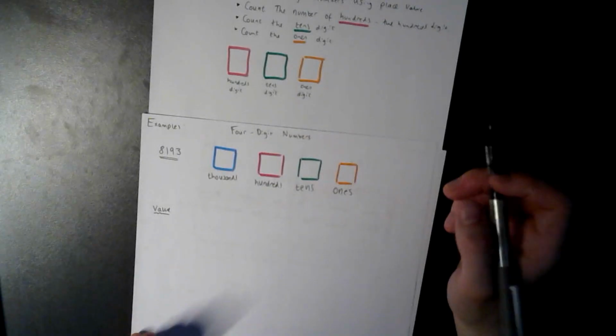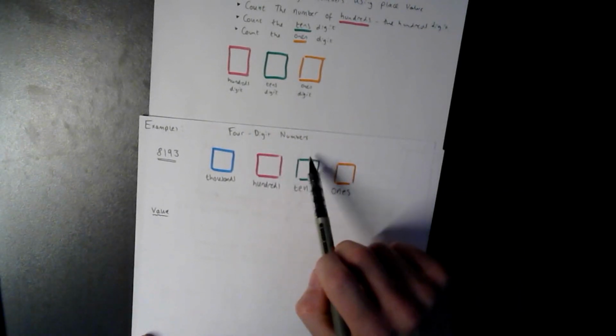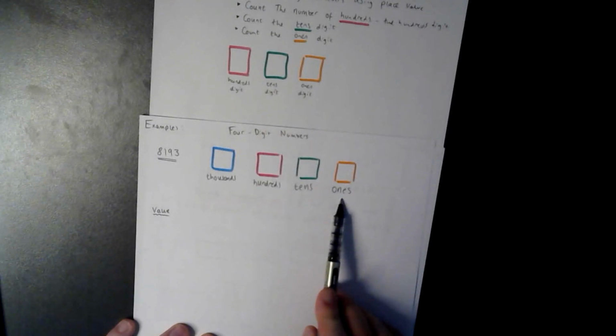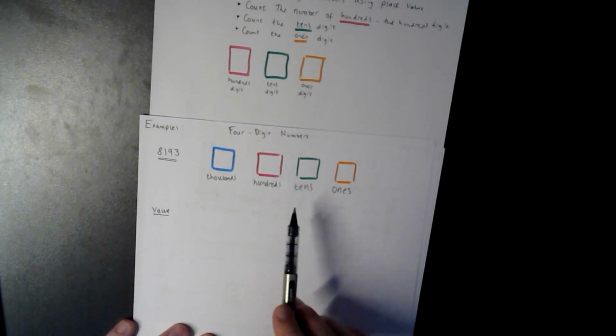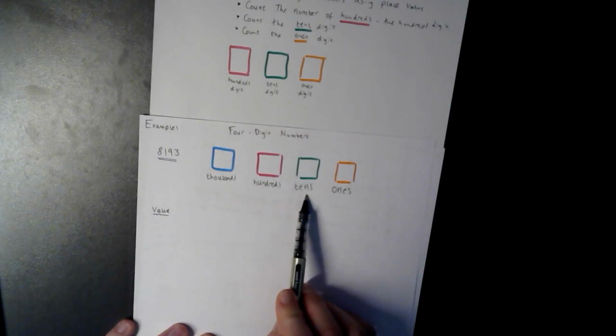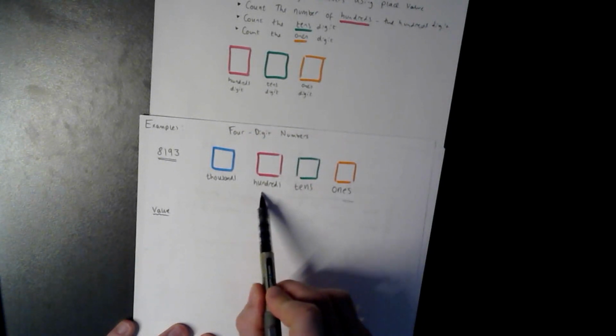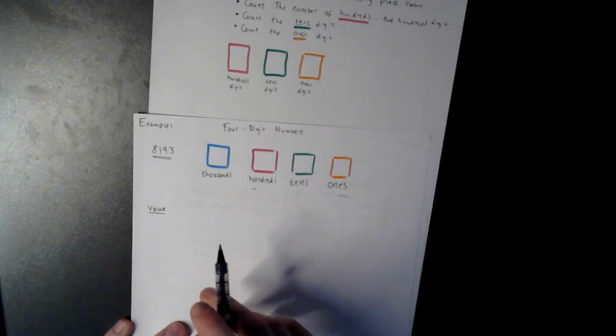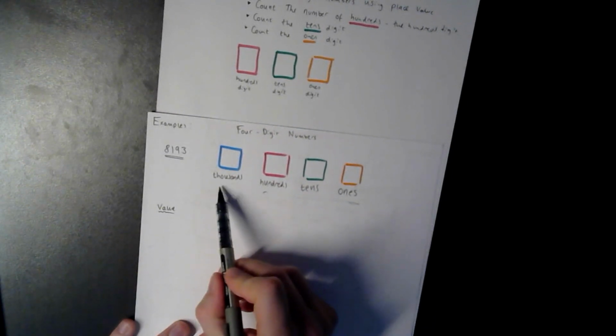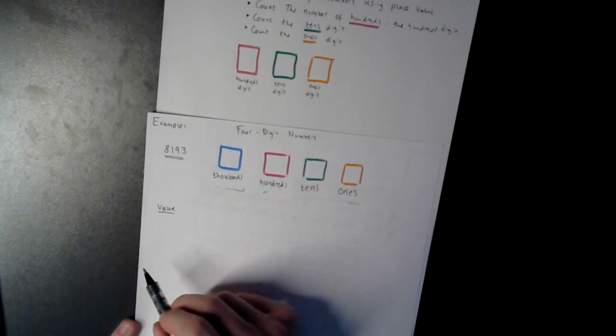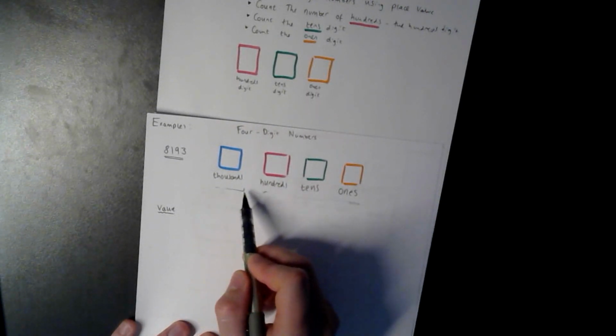So as I say, looking at this 4-digit number setup, we can see that we still have a ones digit on the right, a tens digit here, just to the left of the ones, a hundreds digit just to the left of the tens. So nothing has changed here. All that's different now is that we have this blue digit here, which would be the thousands digit.